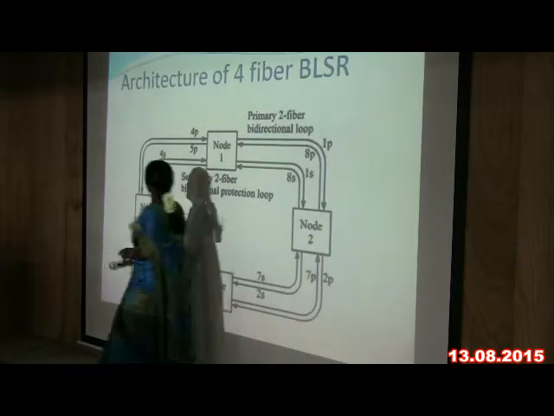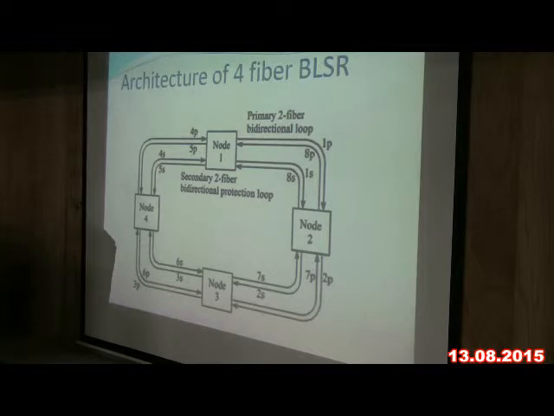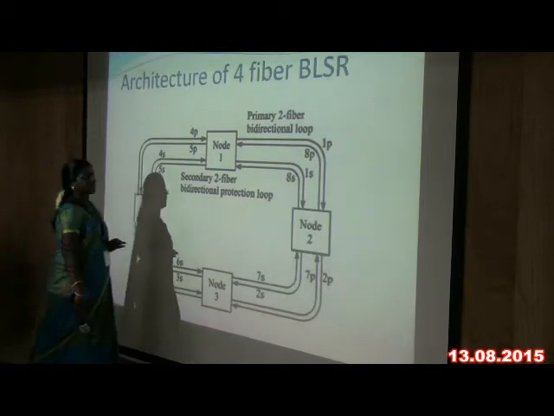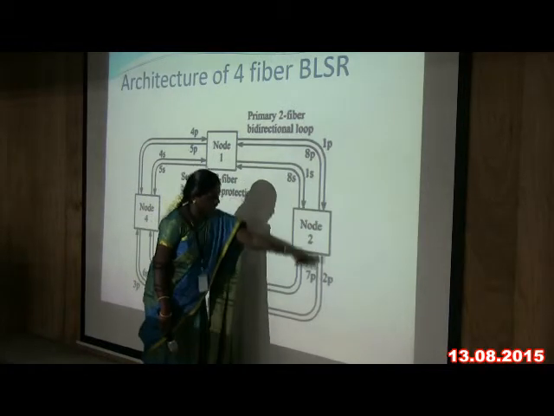Next one is architecture for 4 fiber bidirectional line switch ring. Please, anyone can explain this? Anyone? This is the architecture of the 4 fiber bidirectional line switch ring. This is fiber 1, primary path.